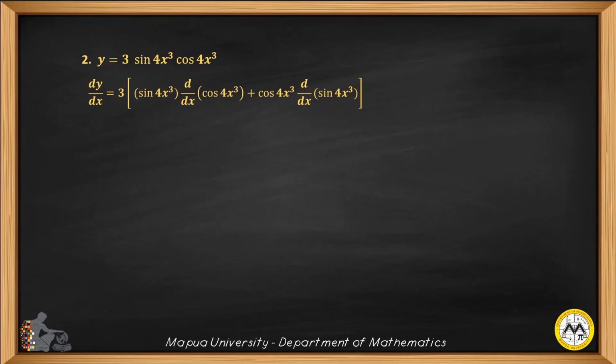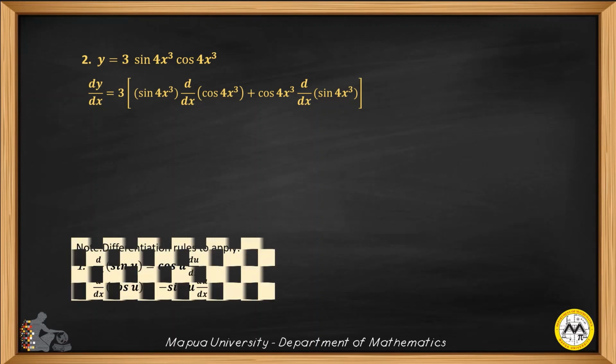Applying the product rule for differentiation, the derivative of y with respect to x would be given by this expression. We have 3 times the quantity, sine of 4x cubed times the derivative of cosine 4x cubed plus cosine of 4x cubed times the derivative of sine 4x cubed.